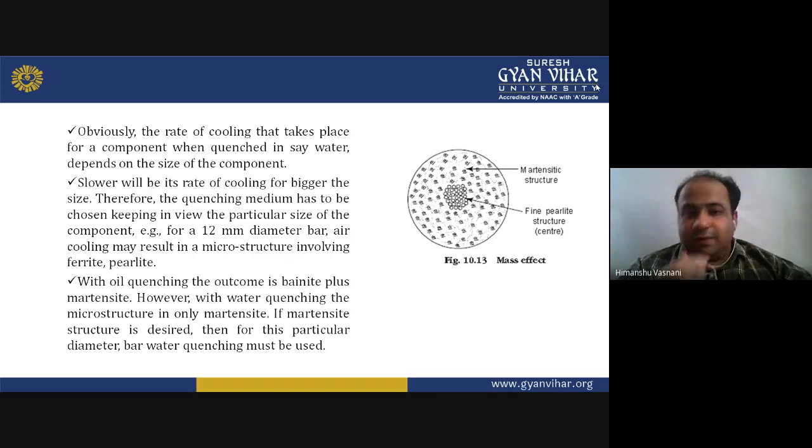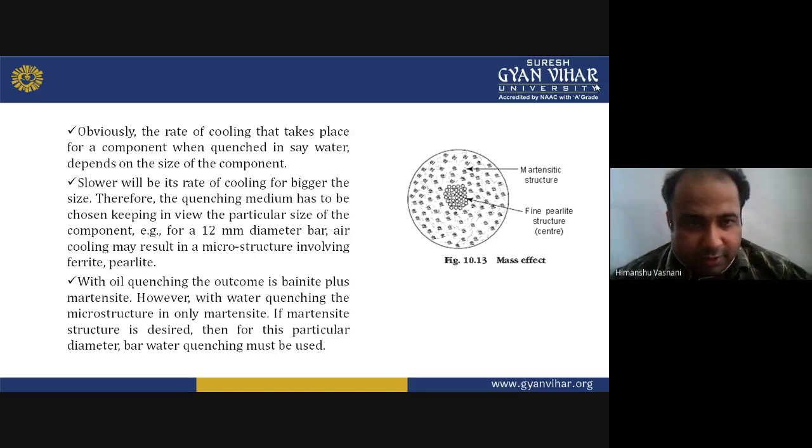So here they have told you that during the quenching process, if you take water as the quenching medium, the rate of cooling also depends on the size of the component.